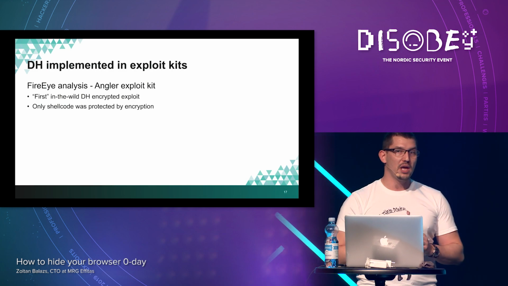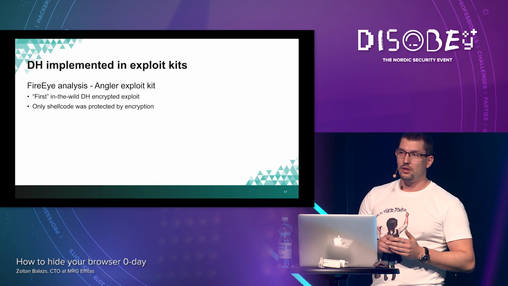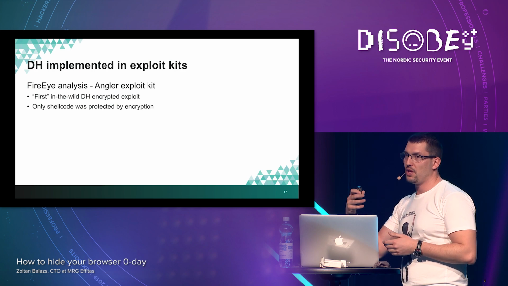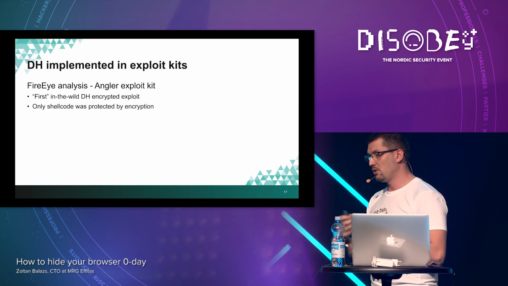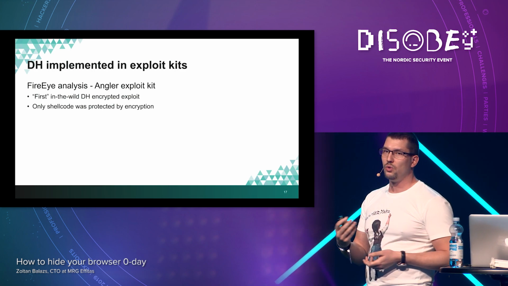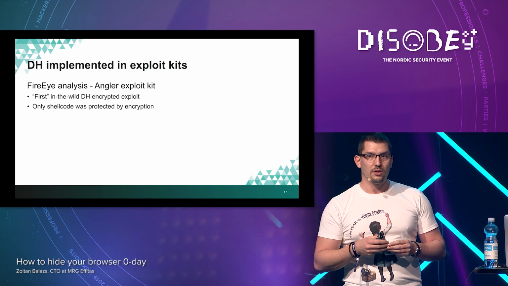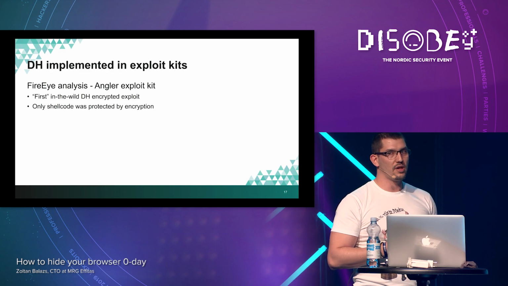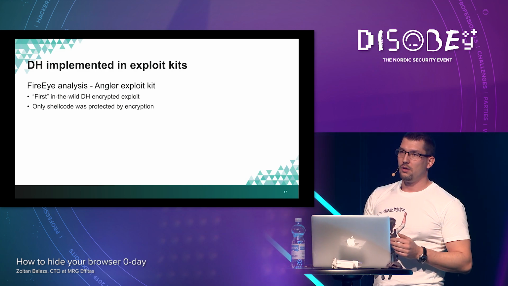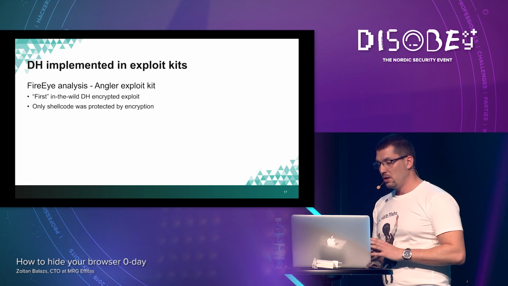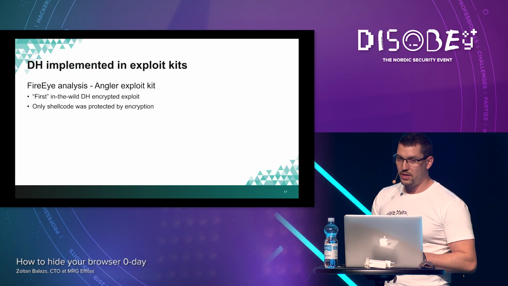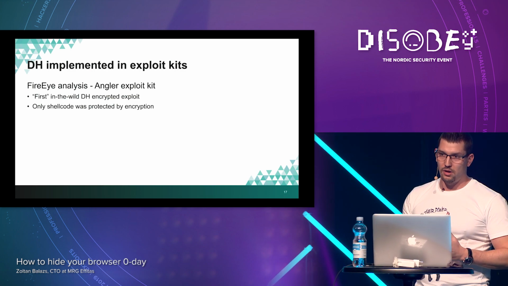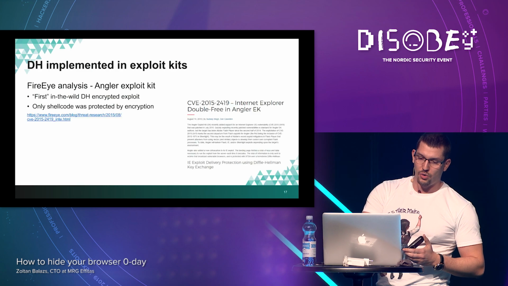And actually, it really makes sense in this case that they don't want to encrypt everything, because all the other parts of the exploits are already known and documented, but they really want to hide the CNC, for example, what they use to download the additional malware for their attacks. So that's why they were using encryption to protect their shellcode.